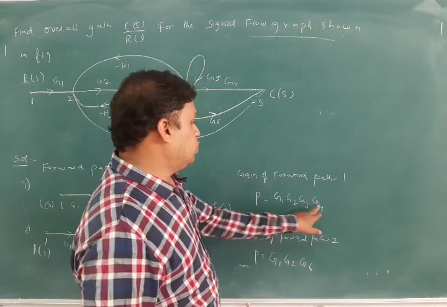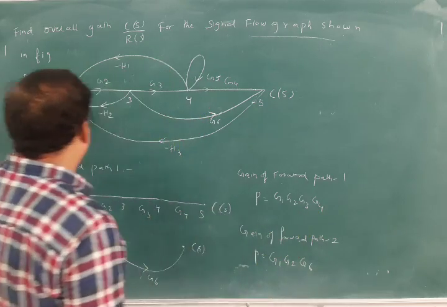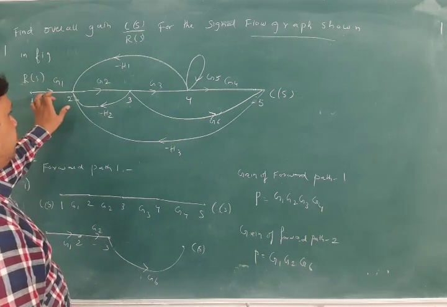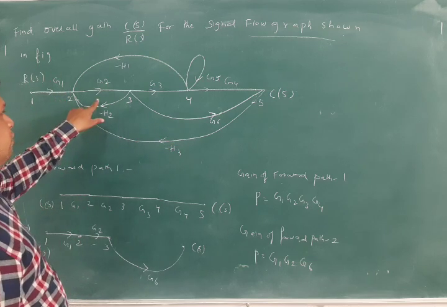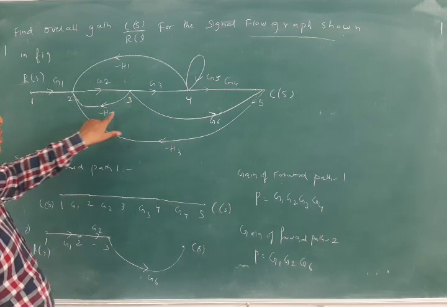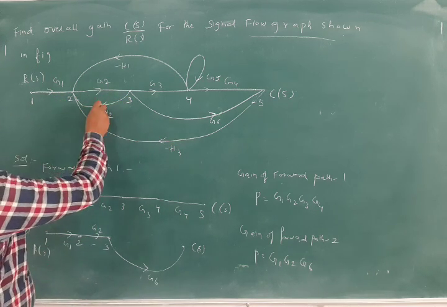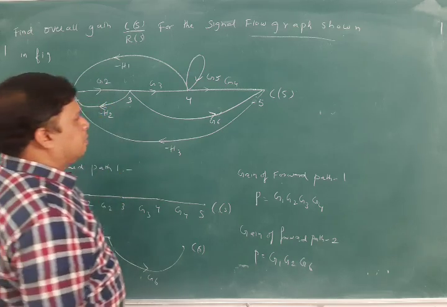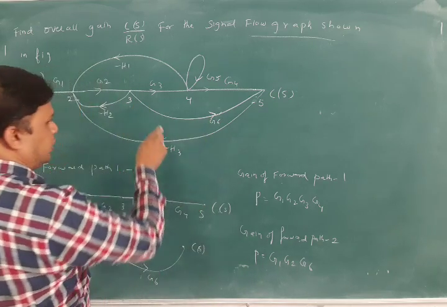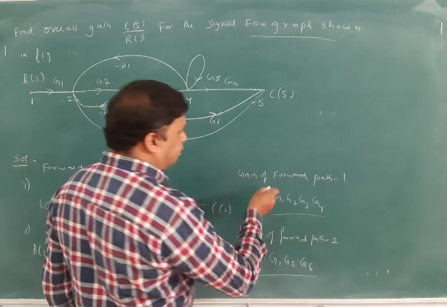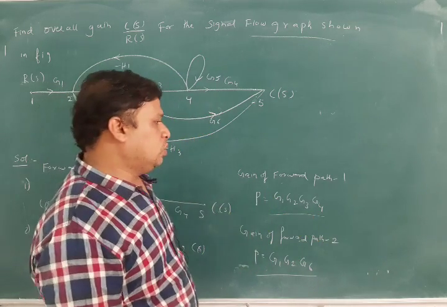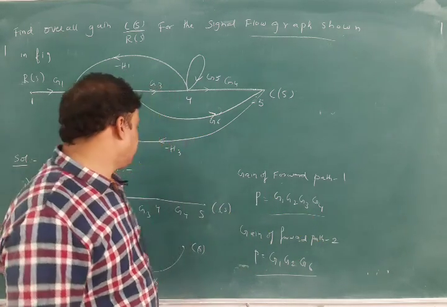So G1, G2, G3, G4 is the first forward path, and the second forward path is only G1, G2 and G6. We don't say the other one is a forward path because it has the reverse one, minus H2, here. So don't consider it as a forward path. So G1, G2 and G6 is one forward path given by P is equal to G1, G2, G6, and the first forward path is P is equal to G1, G2, G3 and G4.